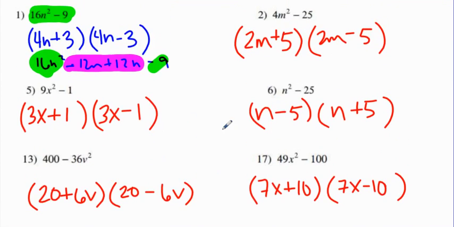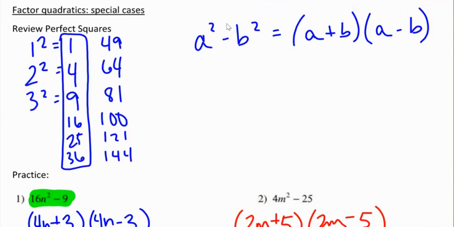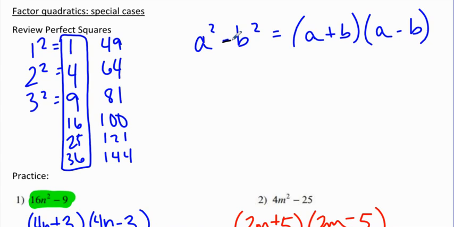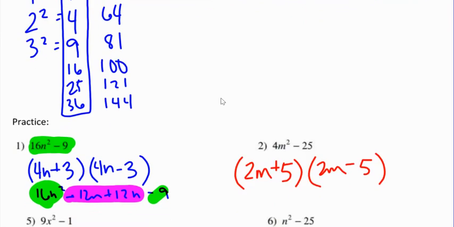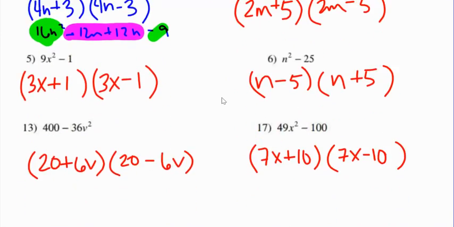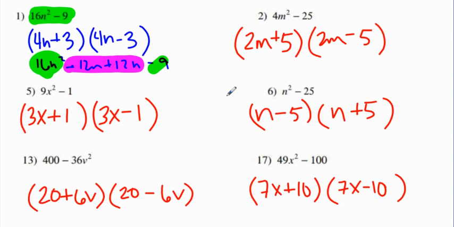So again, this shortcut rule only works if you're subtracting two terms that are perfect squares. It does not work if this is plus, right? It only works if it's subtract. You're not going to have six questions all the same on the test like this.